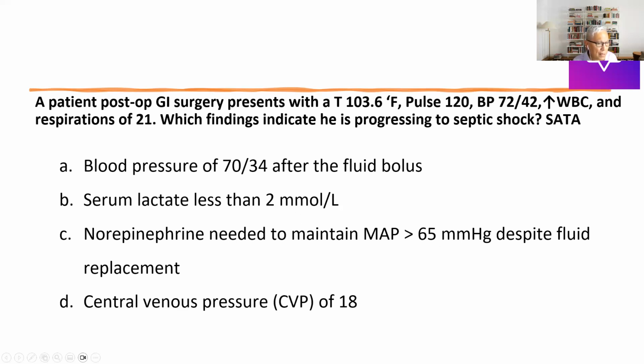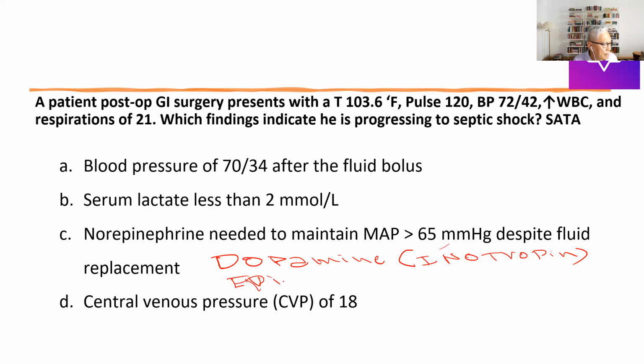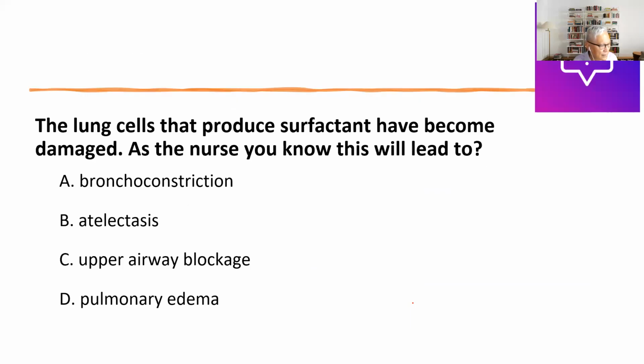And my pen does not seem to be cooperating with me. All right. So the other vasopressors are dopamine, and dopamine is also known as Inotropin, and then epinephrine, and the other one is norepinephrine.